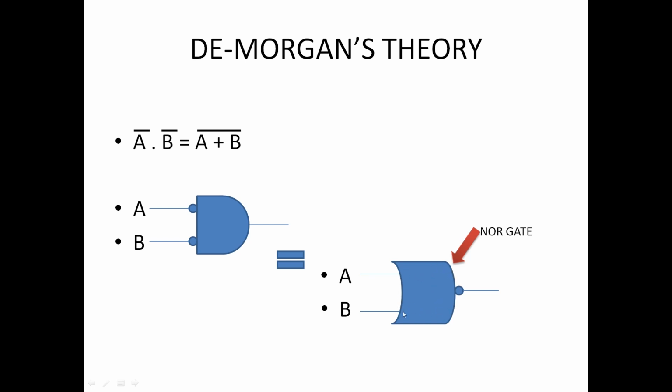This is a more economical diagram to implement on your circuit. It makes use of fewer components, one OR gate and one NOT gate, compared to this one AND gate and two NOT gates, making 3 components instead of 2. So I think implementing the circuit with 2 components is more economical, getting the same result, than implementing it with 3 components.